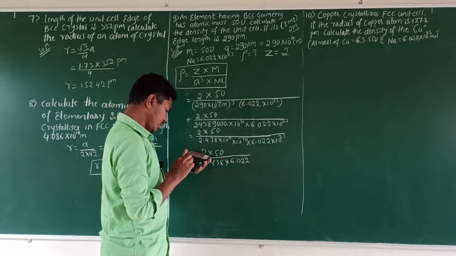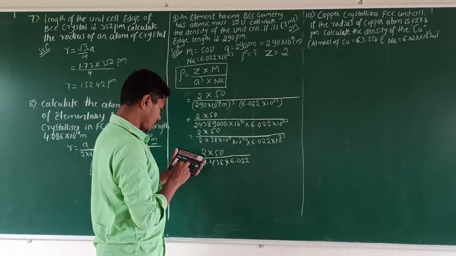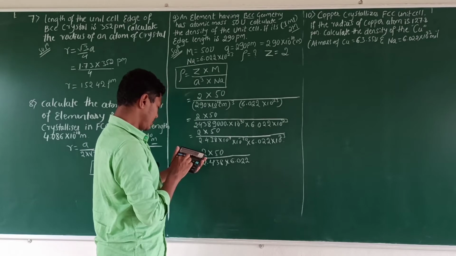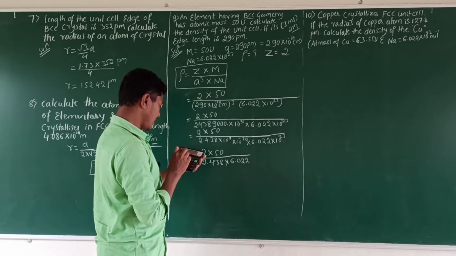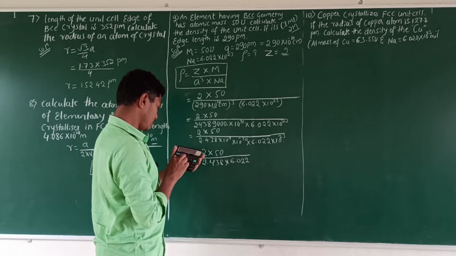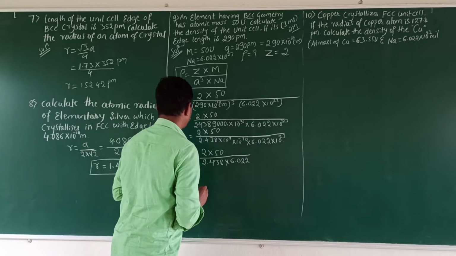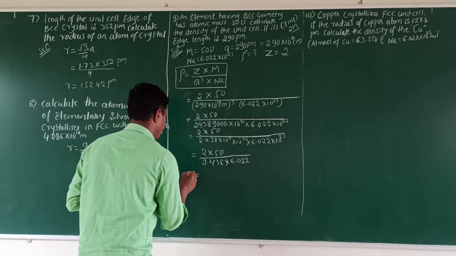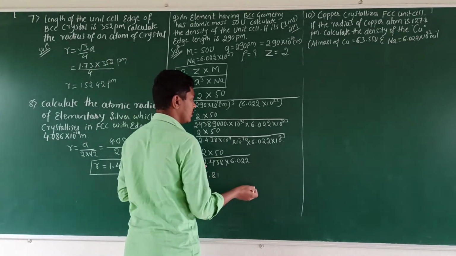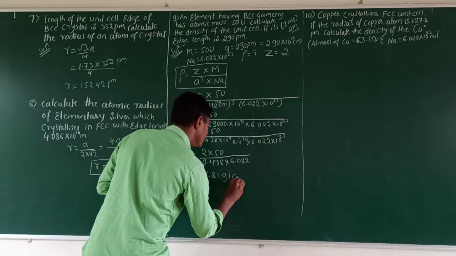What is the value now? 2 into 50 divided by 2.438 divided by 6.022. We are getting density is equal to 6.81 gram per centimeter.